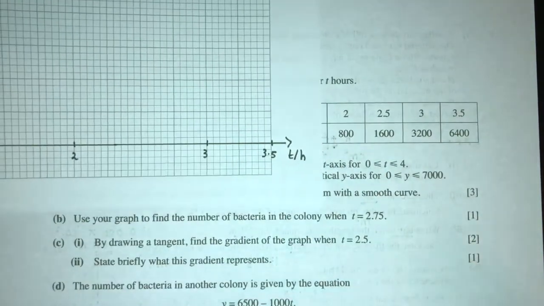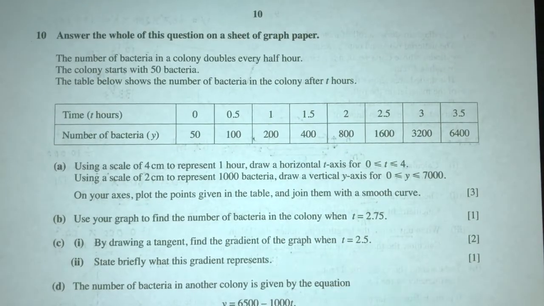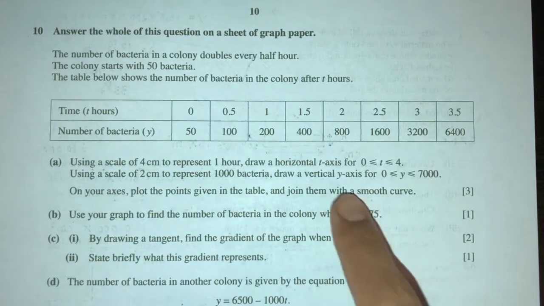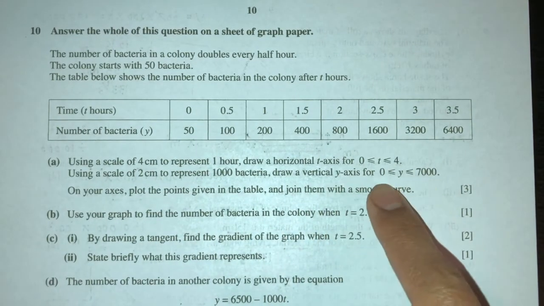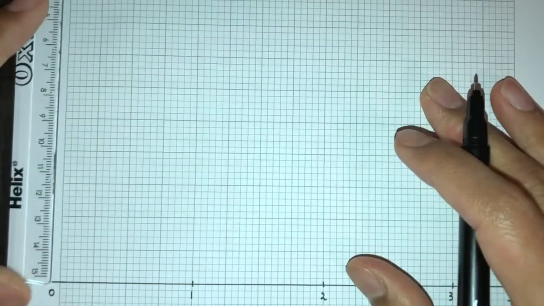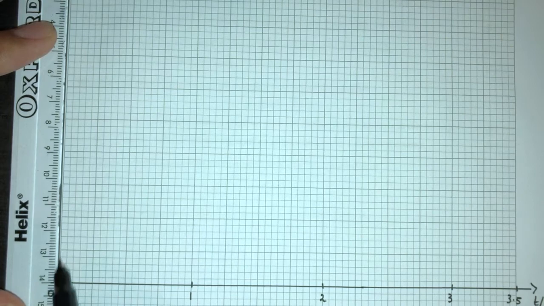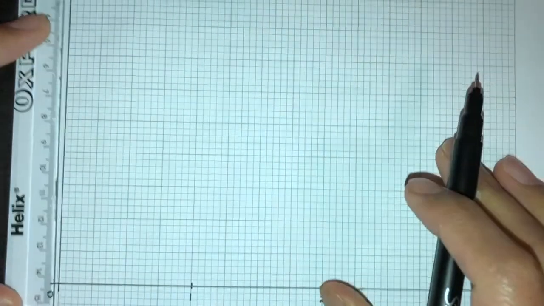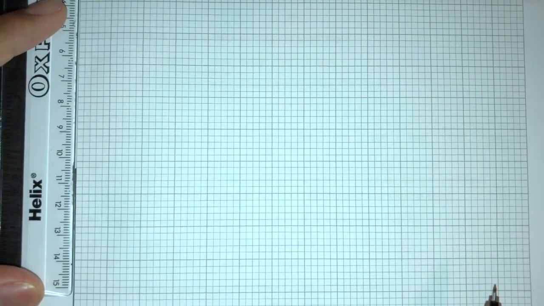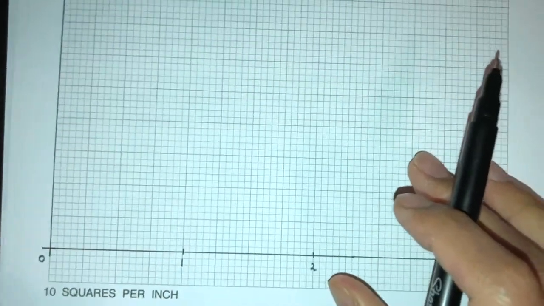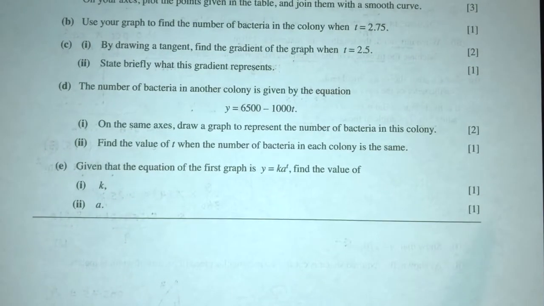Okay, now using a scale of 2 centimeters to 1000, on the vertical axis we have to draw 0 to 7000. So let's do that. That will be your vertical axis. Okay, 0 to 7000. So using 2 centimeter for 1000.